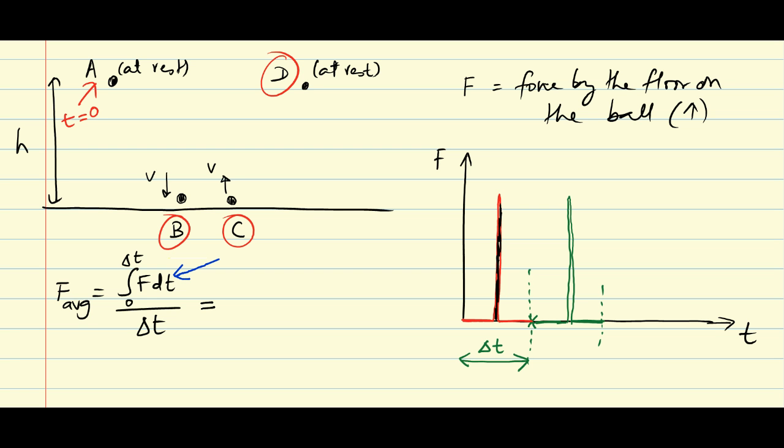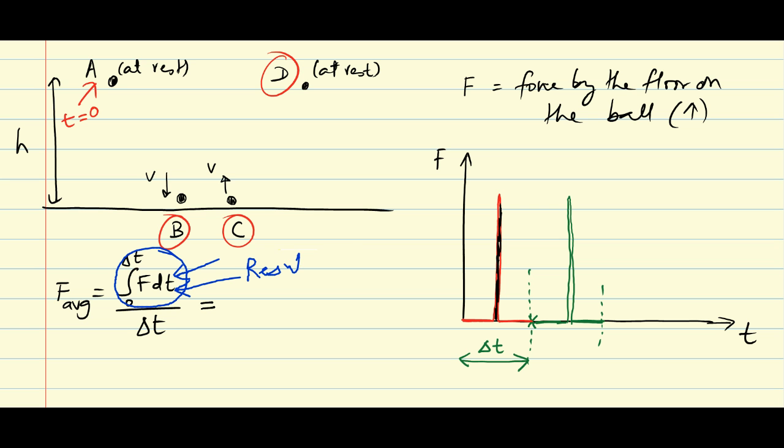But weight is a non-impulsive force, and during the small collision time the impulse due to the weight is negligible as compared to this impulse, which is the impulse because of the impulsive normal reaction of the floor. And so this impulse can be considered to be not only the impulse due to the normal reaction of the floor, but also the resultant impulse acting on the ball during the collision time.